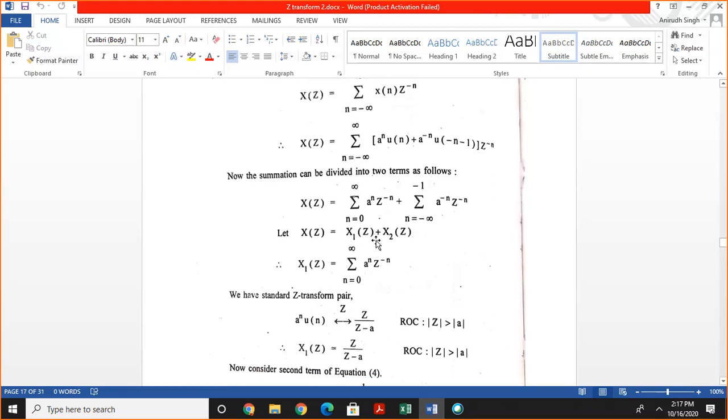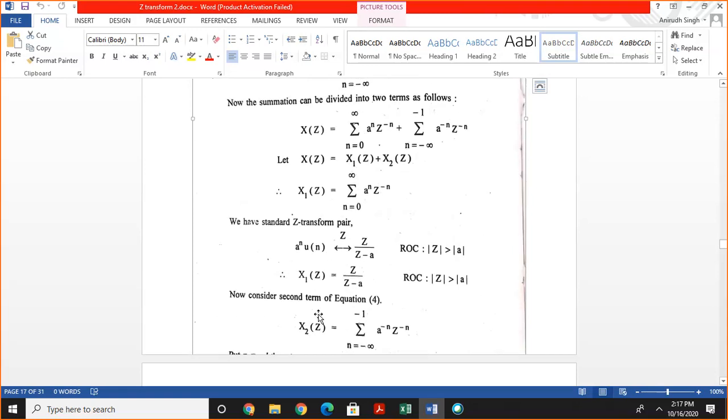So X of z is written as X1 of z plus X2 of z, and X1 of z is equal to summation from n equal to 0 to infinity of a raised to the power n z raised to the power minus n, and we know that the standard Z transform for a raised to the power n u of n is given by z divided by z minus a.